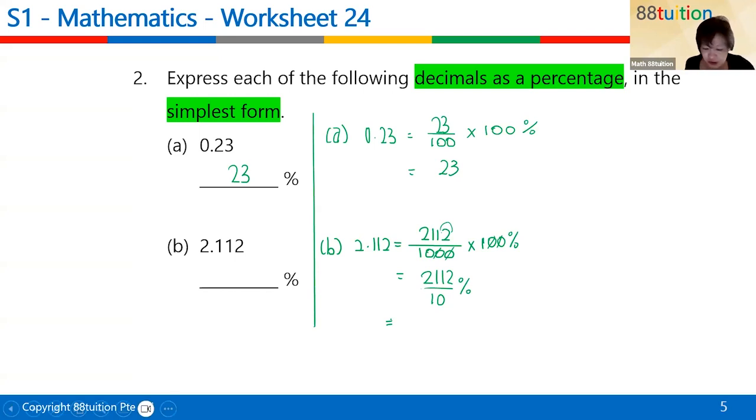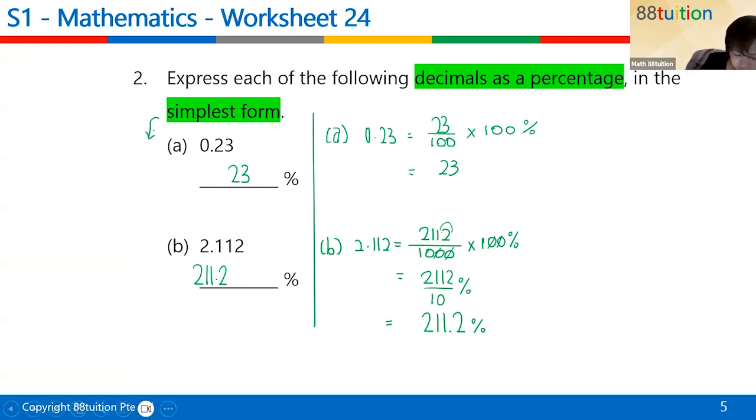All right. So in fact, if they ask you for the simplest form, you don't leave it like that. You just have to change it to 1.2%. All right. Okay.